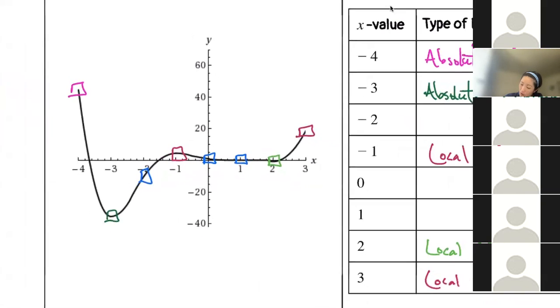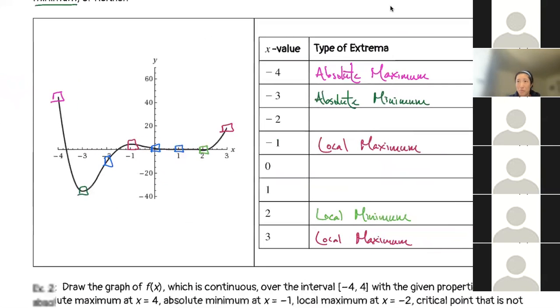Okay. And so for the non-special ones, we don't have a special name for them. We just say that they're neither. They're neither a maximum nor a minimum. So we can say these are neither. Okay.